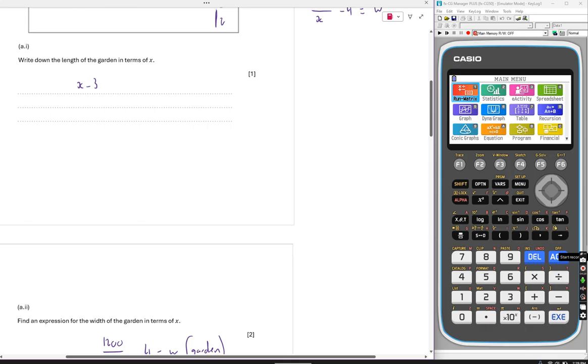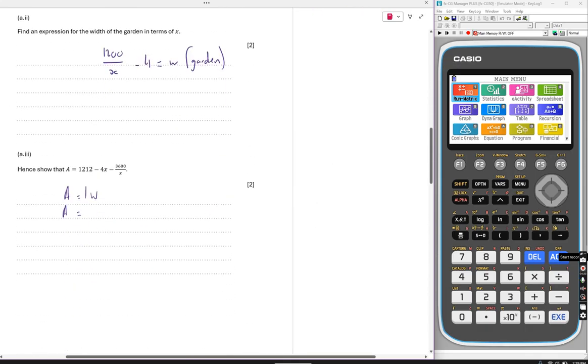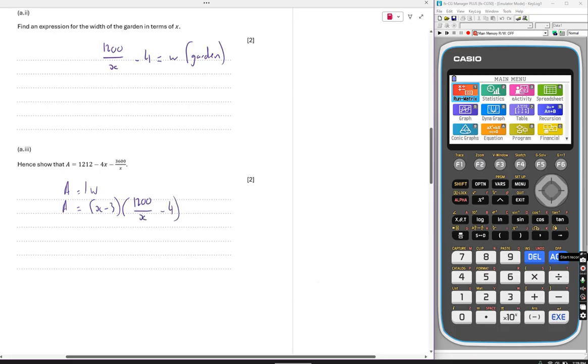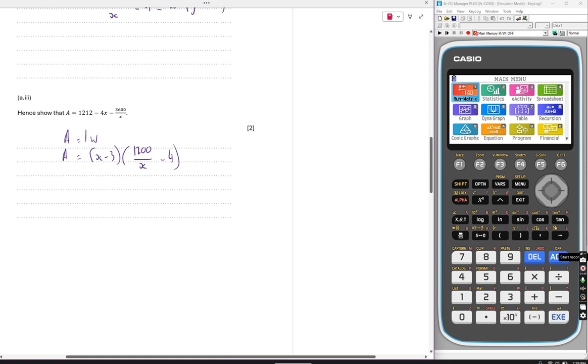The length of the garden is x minus 3. So instead of length, we've got x minus 3. And instead of the width, we've got that number from AII. The width was actually 1200 over x minus 4. Now let's expand this.